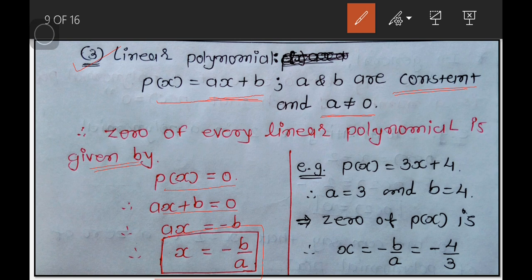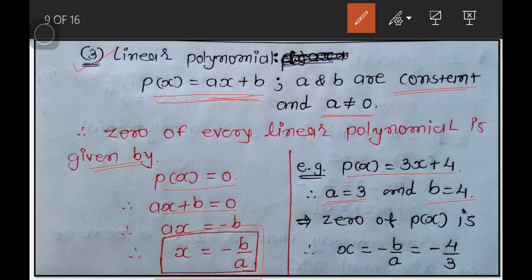Here is one example: p of x is equal to 3x plus 4. It is a linear polynomial, as x has only power 1. We want to find the zero of this linear polynomial. If we compare p of x is equal to 3x plus 4 with the general form, we get a is equal to 3 and b is equal to 4.